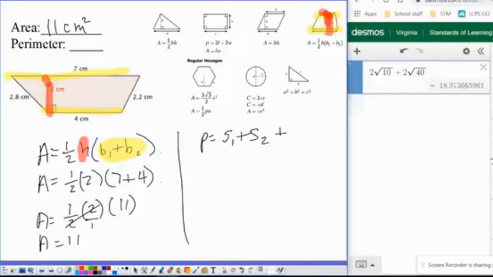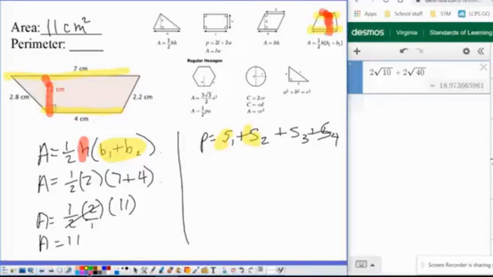Now, there is no formula for perimeter, but I see that the trapezoid has 4 sides. So I'm going to go side 1 plus side 2 plus side 3 plus side 4. Now, sides 1 and 2, I already have because I'm looking at the 7 and the 4, which were the two bases.